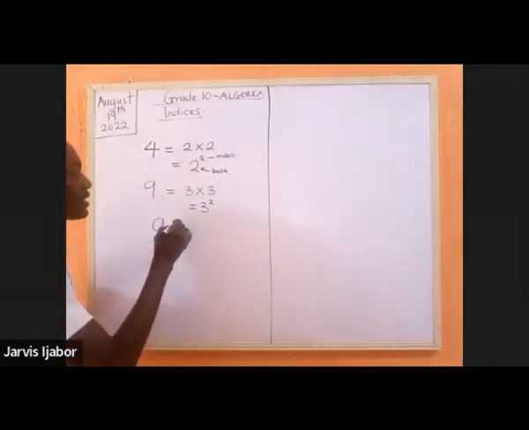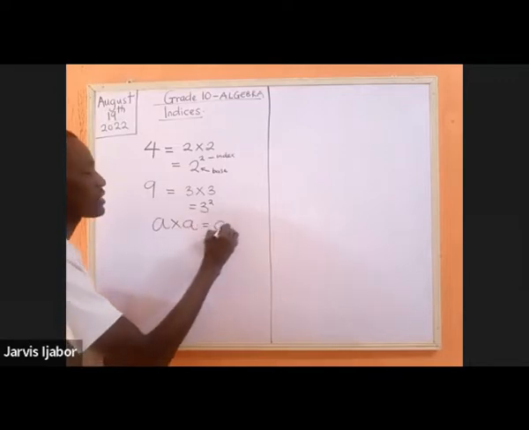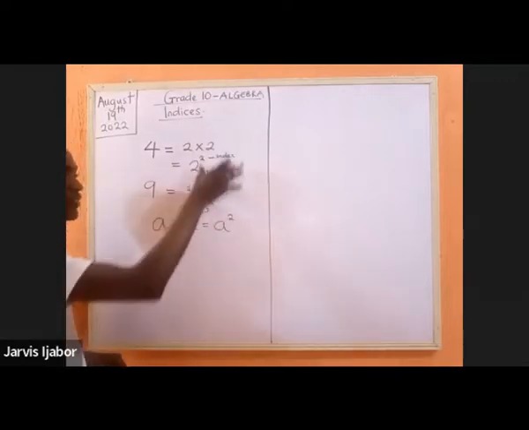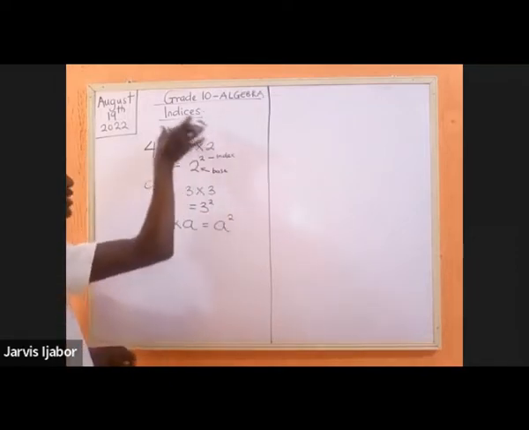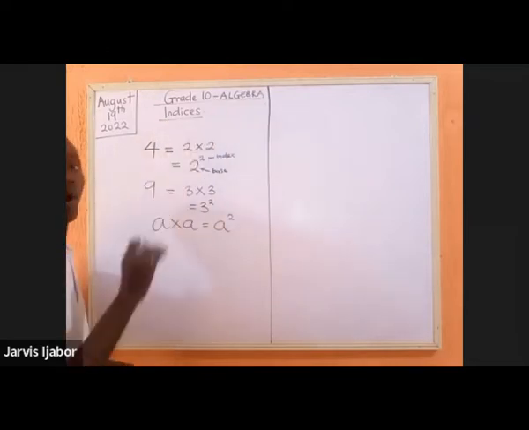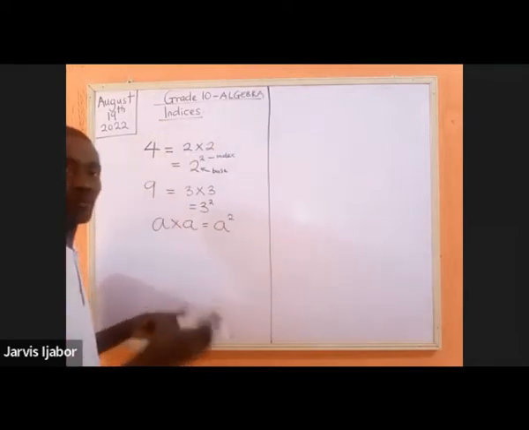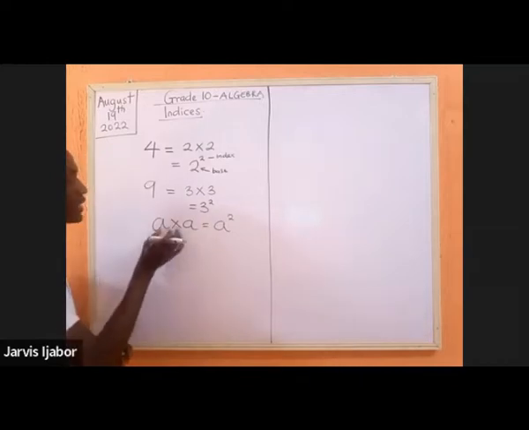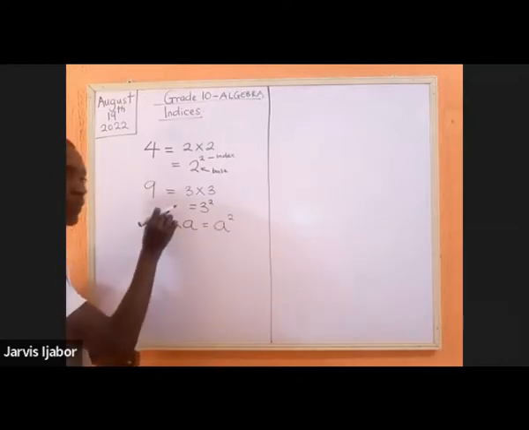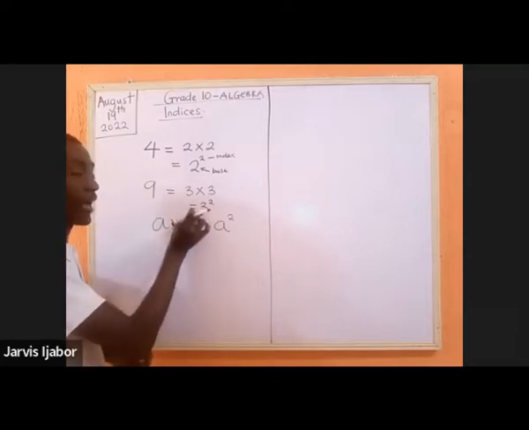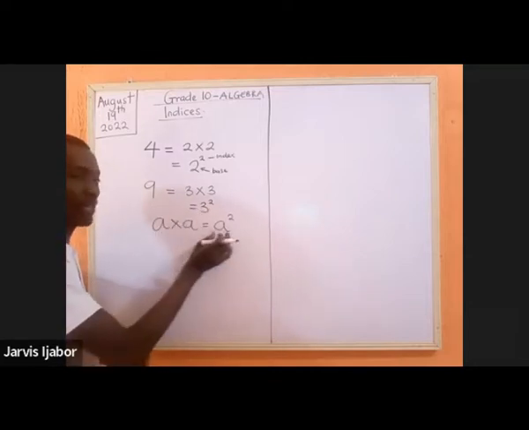Because if I have a times a, this will give me a squared. So we're not just restricting ourselves to only arithmetic. We are also going to delve into the realms of algebra. That's why we're treating indices under algebra, so that we have a broader spectrum of what we are covering. So a times a will be a squared, meaning this a is multiplied once, this a is multiplied once, and when I multiply them, I'm going to have a multiplied twice.